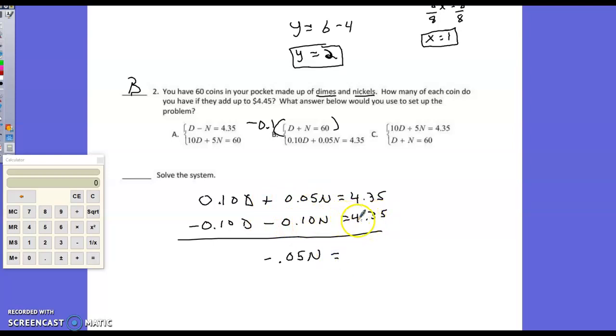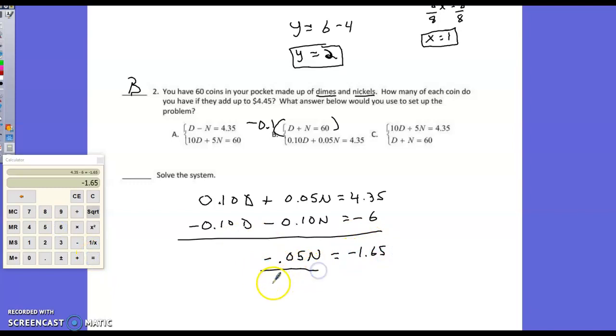And this is going to be, whoops, I have to fix that because that is wrong. I have to do negative 0.1 times 60, which equals negative 6. So now I can do 4.35 minus 6. 4.35 minus 6 gives me negative 1.65.